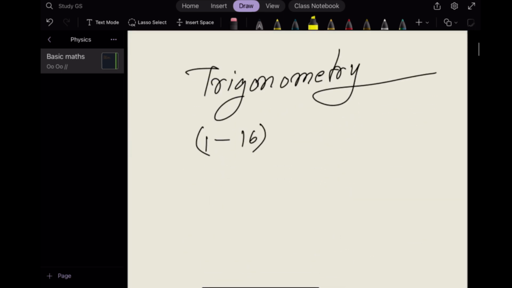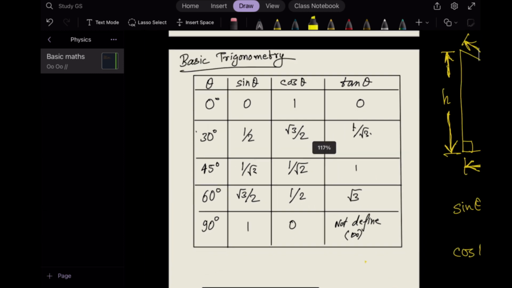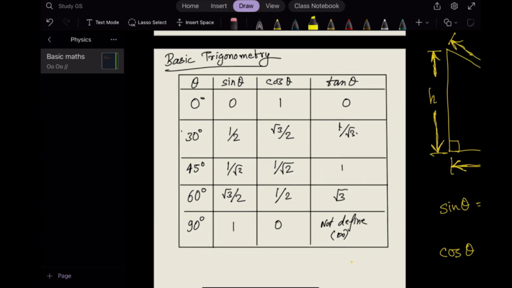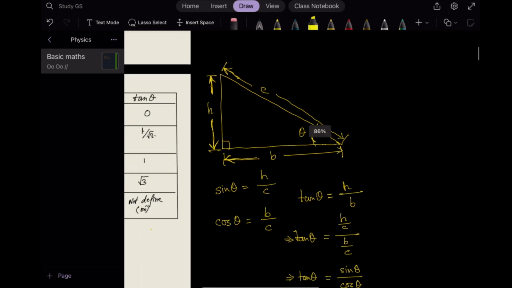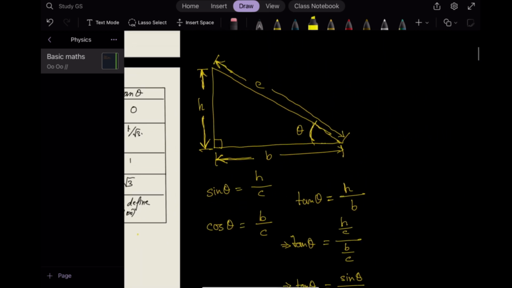In case of trigonometry, here is the basic trigonometry chart which you need to remember so that you can solve any question easily. Before going through this table, let me show you a diagram here. Here is a triangle which has a 90-degree angle.